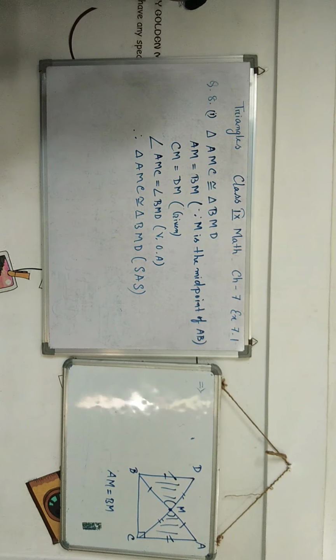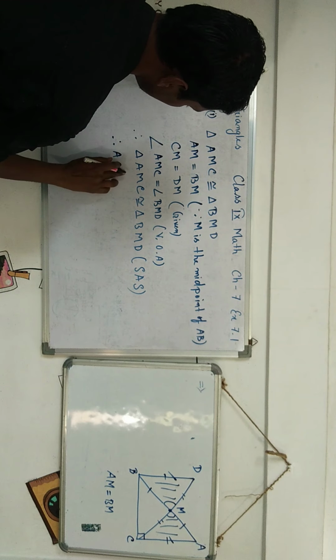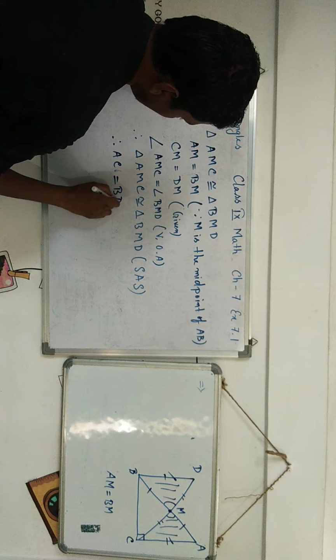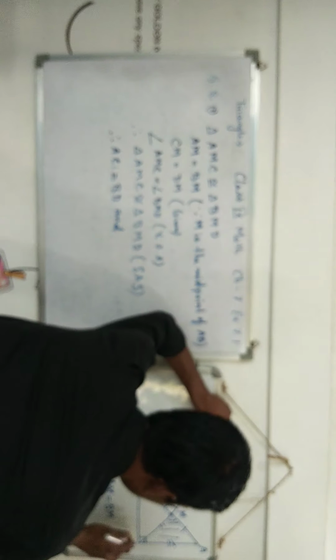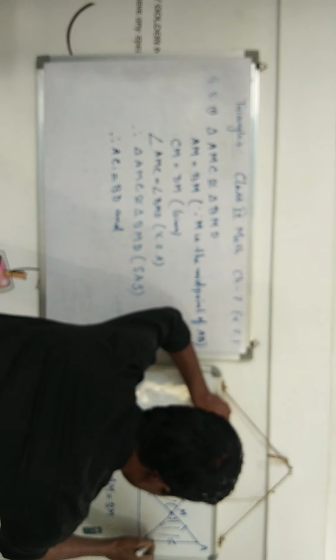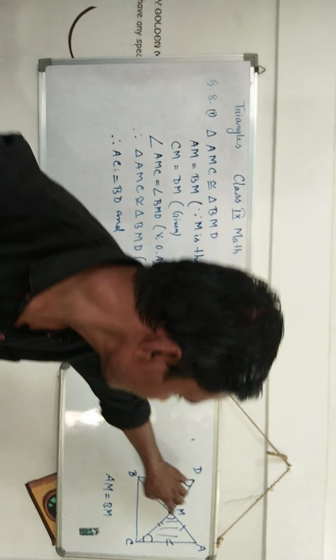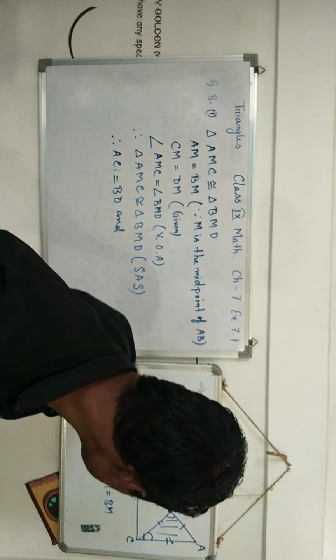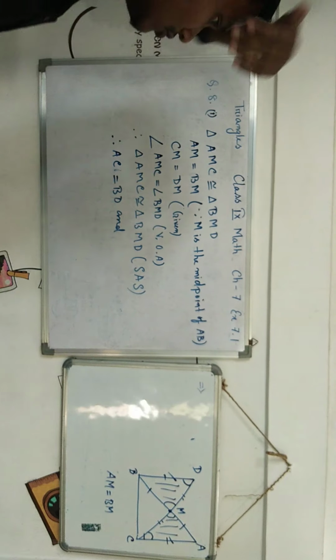Therefore AC is equal to BD, and angle ACM is equal to angle BDM. Both are equal, CPCT, corresponding parts of congruent triangles.